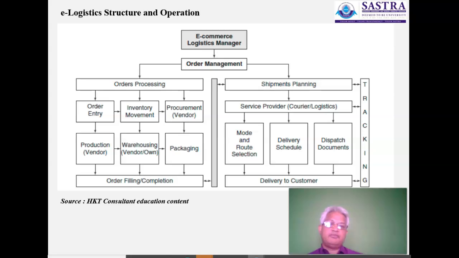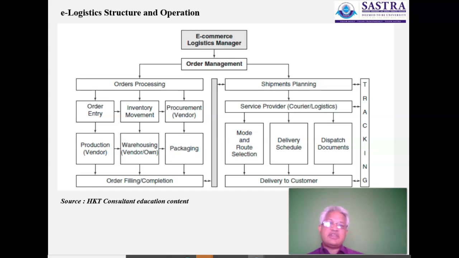Now, for a moment, you can ignore all the arrows below order processing and shipment planning, because the arrows might lead to certain confusion at the moment. But as we keep understanding each and every part of this model, we will then attach the arrows back and see what is the meaning behind these arrows.